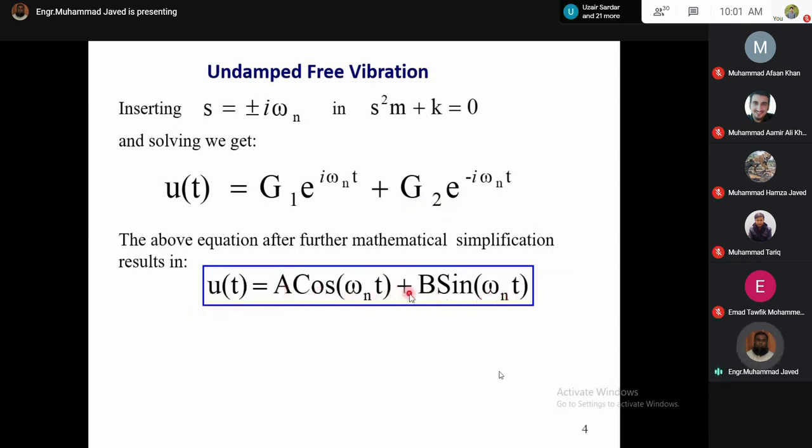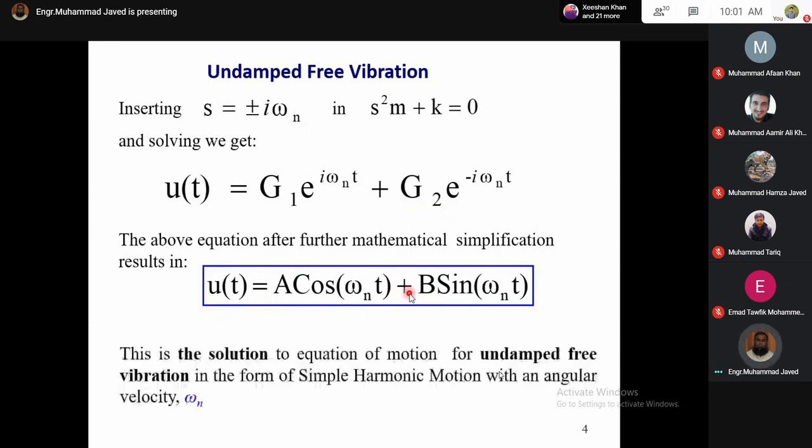Now A and B are mathematical constants which depend upon the initial conditions, and this is the solution to the equation of motion for undamped systems subjected to free vibration.